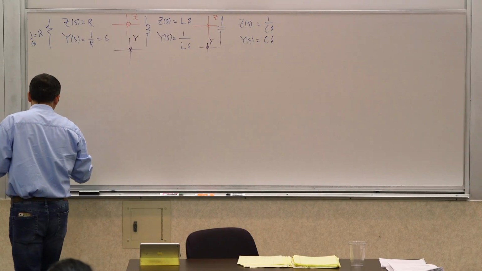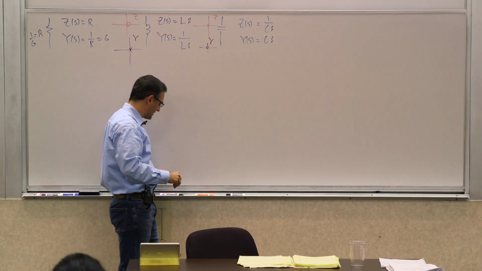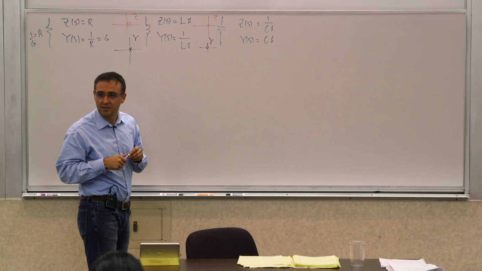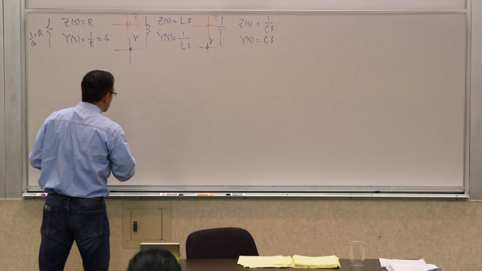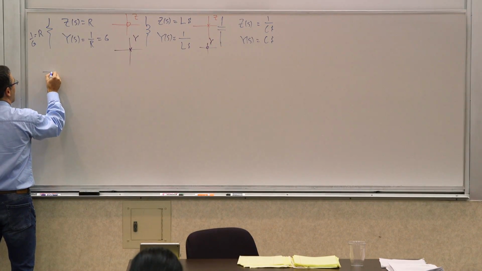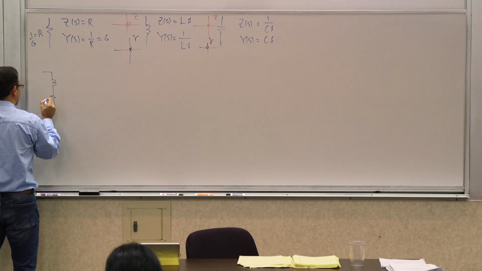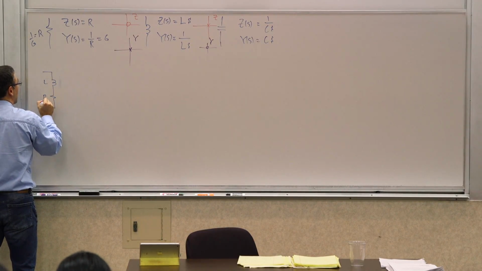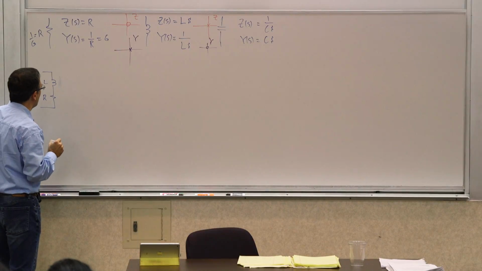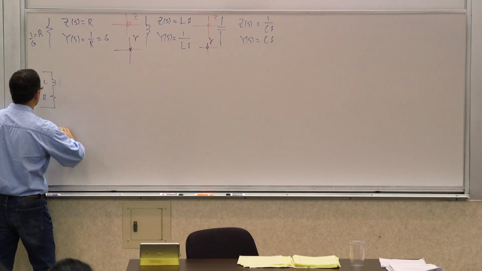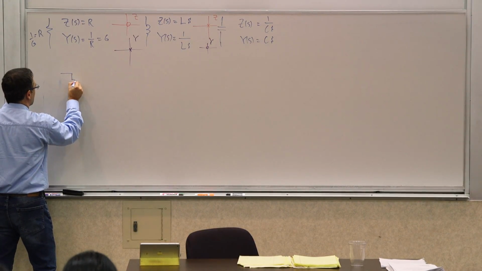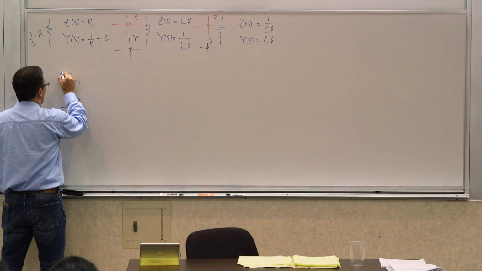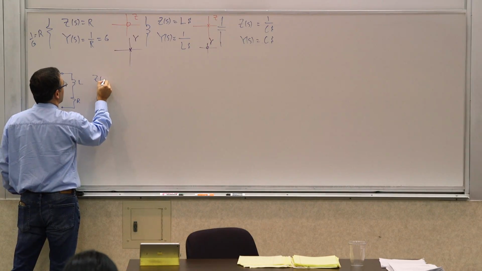Now, the next level up, a tiny bit less trivial, is that you can have a combination of two of these elements. Let's see what they produce. Let's say you have an inductor L and a resistor R. So what is the impedance function here?